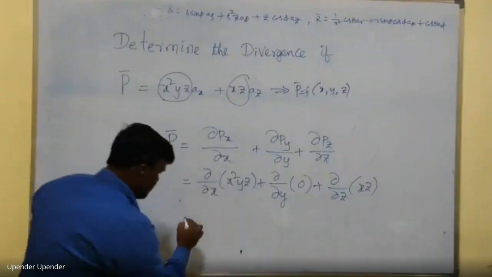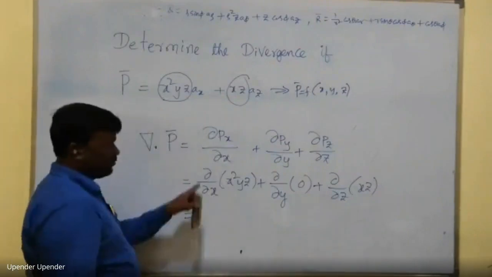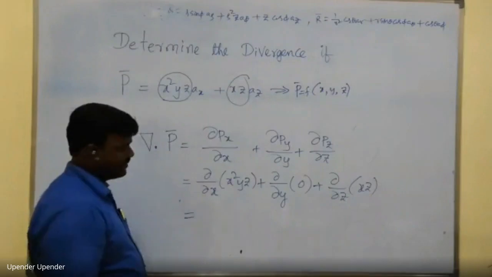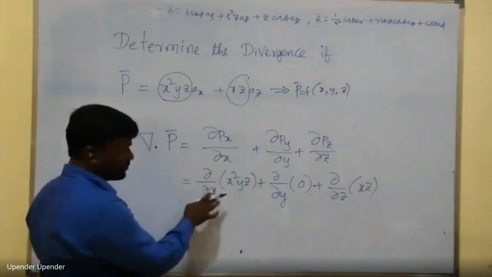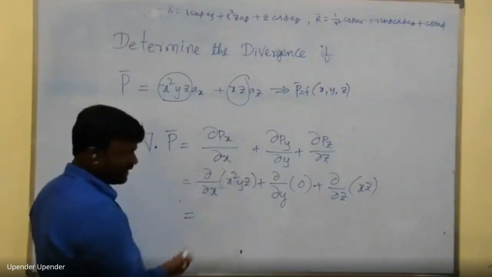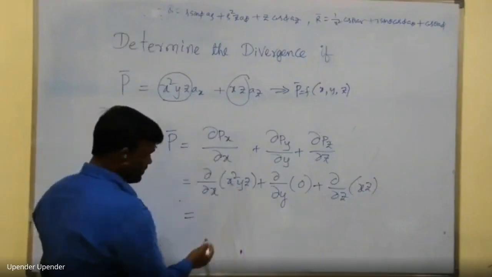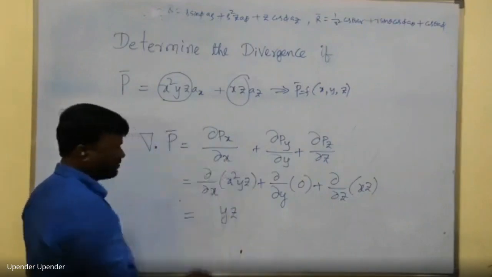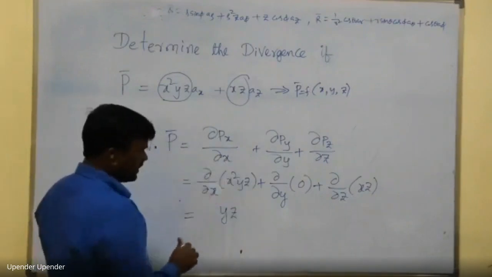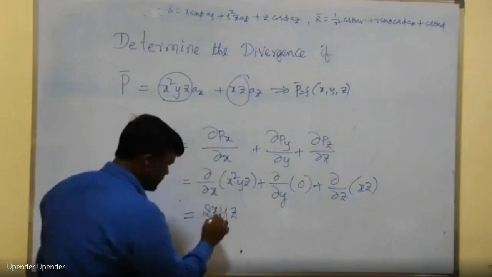Now simplify this one. Remember this, it is partial differentiation. Partial differentiation means here we need to differentiate with respect to x only, where y and z are treated as constant. As y and z are treated as constant, we can write this constant out of this differentiation. And differentiation of x square is nothing but 2x yz.